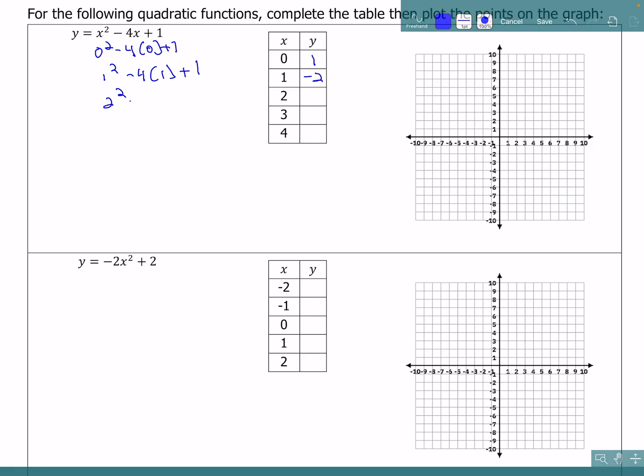Then I'm going to plug in 2. Four minus 8 is negative 4 plus 1 is negative 3. Then I'm going to plug in 3. And I'm starting to see it turn around here.